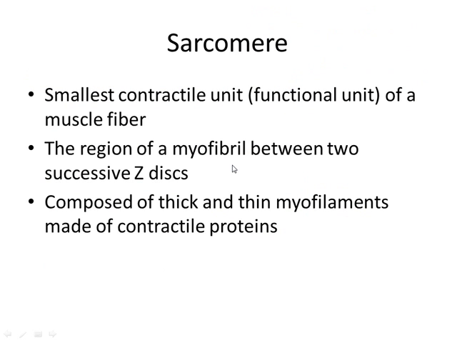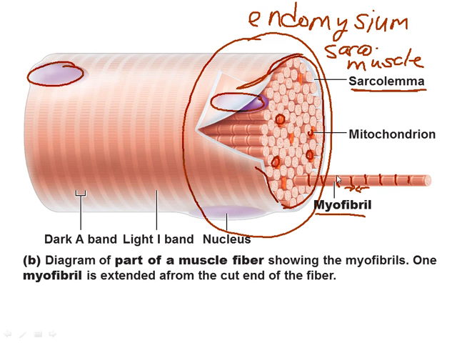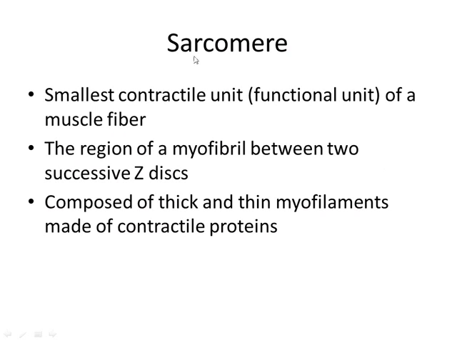Okay, so each one of these little divisions from here to here, that's a sarcomere. So there you go, that sarco again, has to do with muscle. The sarcomere is the smallest contractile unit. It's the functional unit.